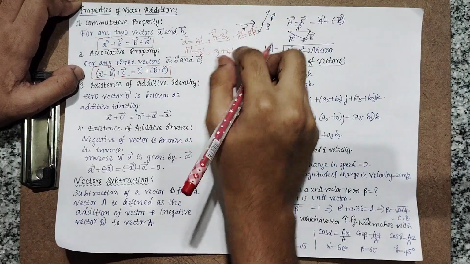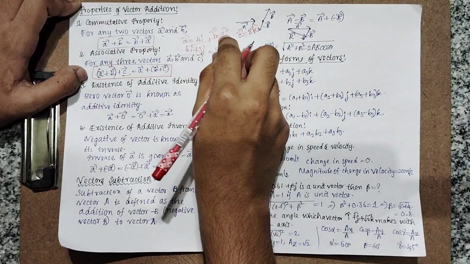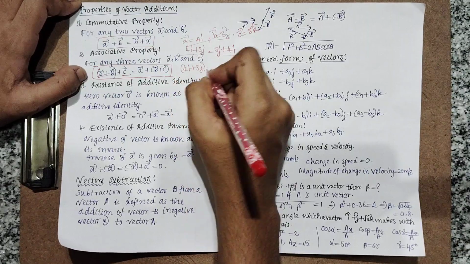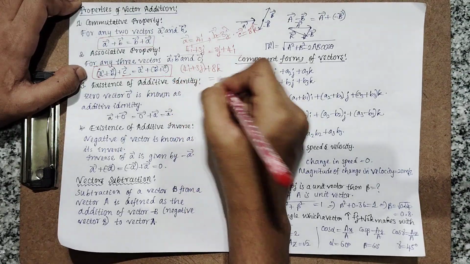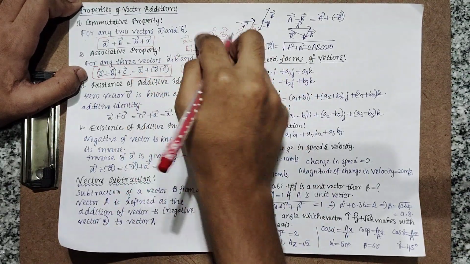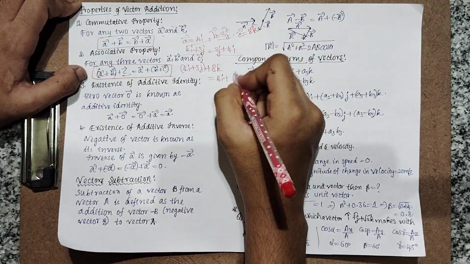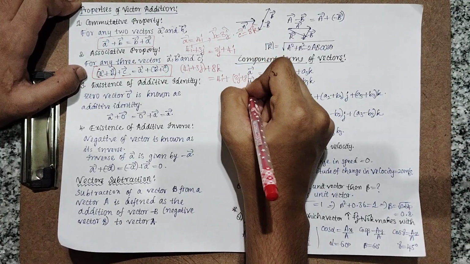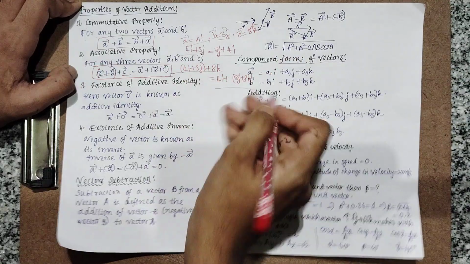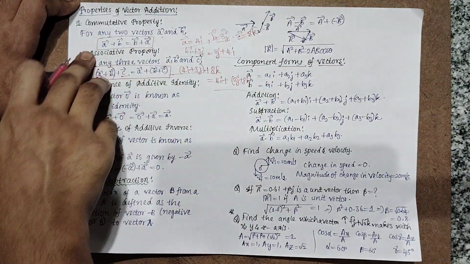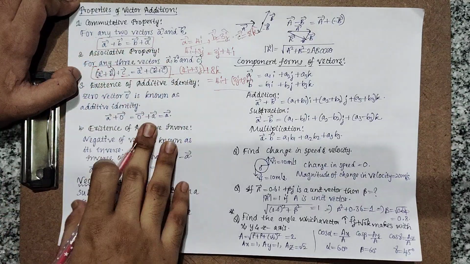Now A bar plus B bar is 4i plus 3j, and C bar is 8k. A bar means 4i cap, plus B bar plus C bar, which is 3j cap plus 8k cap. Both are the same. It means vector addition also obeys the associative property.